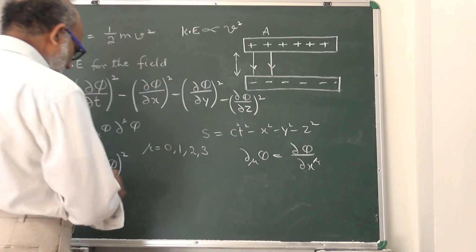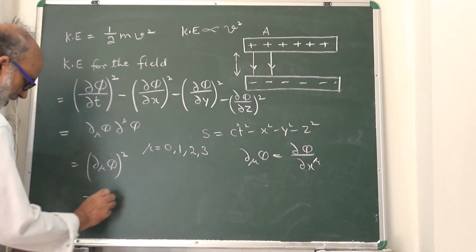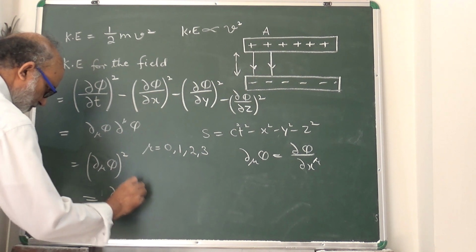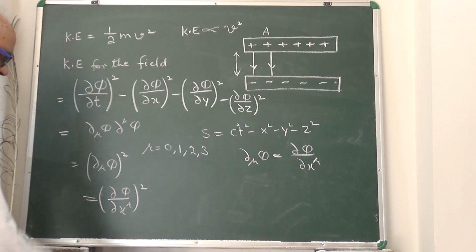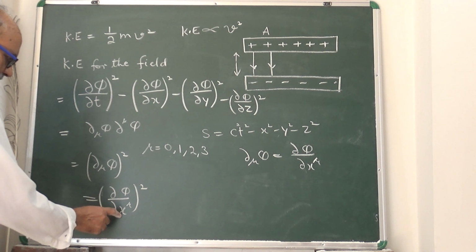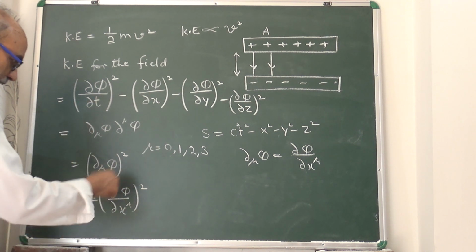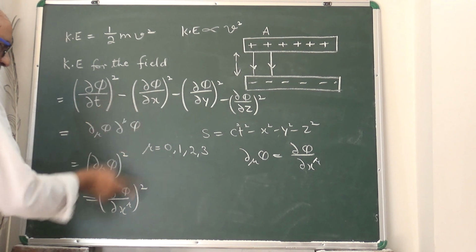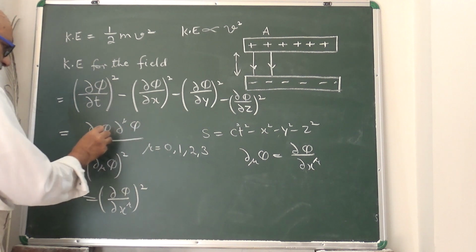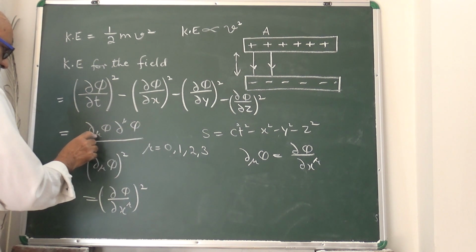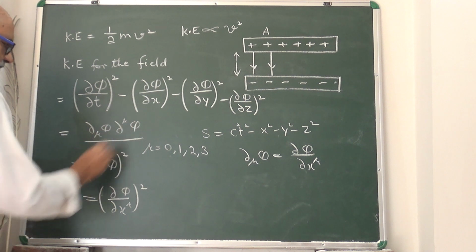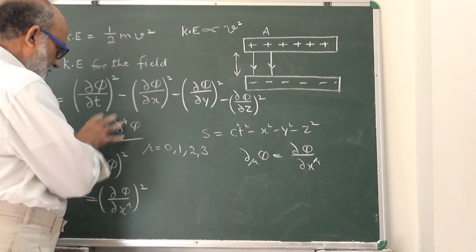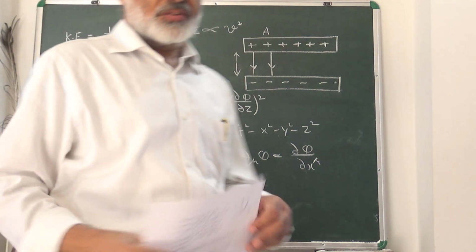Had we written it the other way, it would mean the square of del phi by del t plus the square of del phi by del x, but here it's a minus sign. That's why it is written like this. So we will do these methods in the next class.